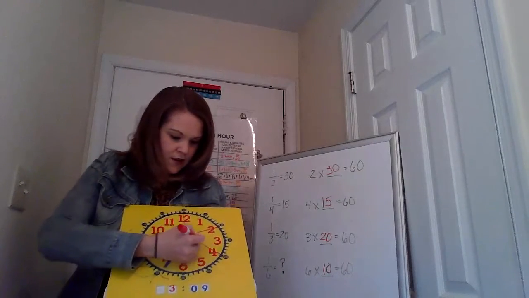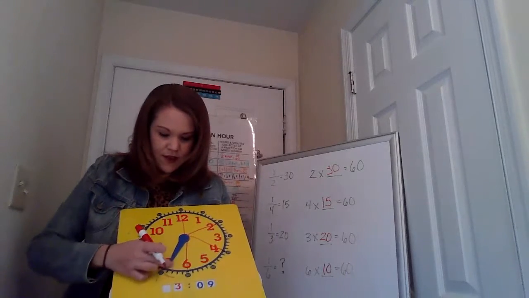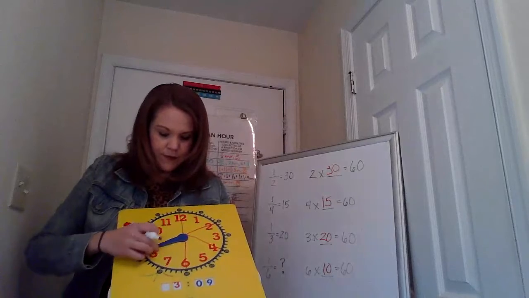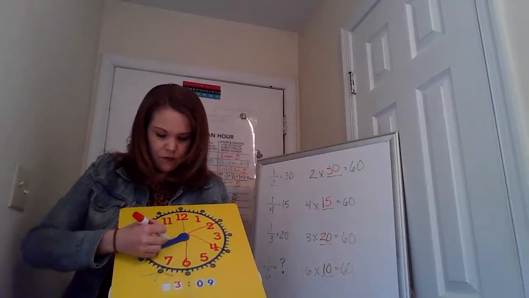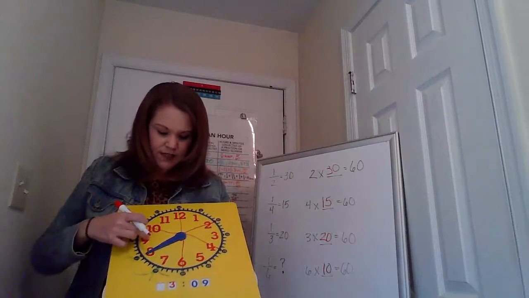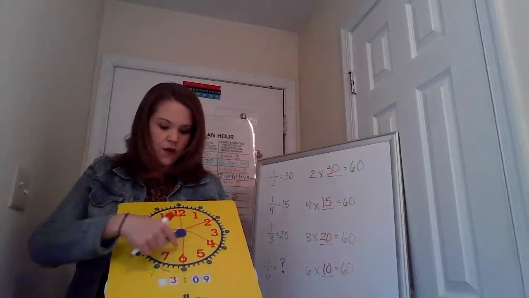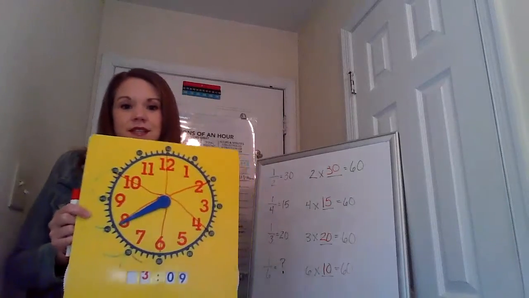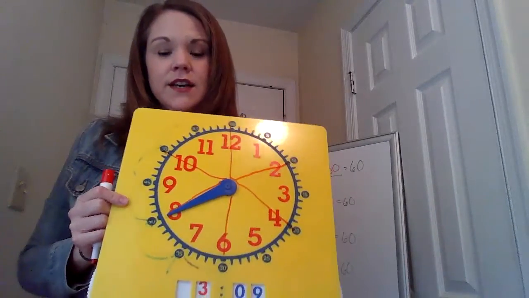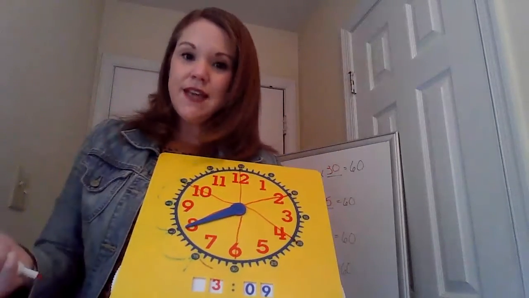Then to here is 2/6 of the hour. 3/6 of the hour. 4/6 of the hour. 5/6 of the hour. And then 6/6 of the hour. So I have 1, 2, 3, 4, 5, 6. So that's 6 equal parts on our clock. So that means a sixth, 1/6 of an hour, is equal to 10 minutes.